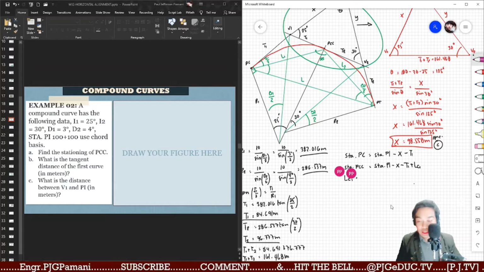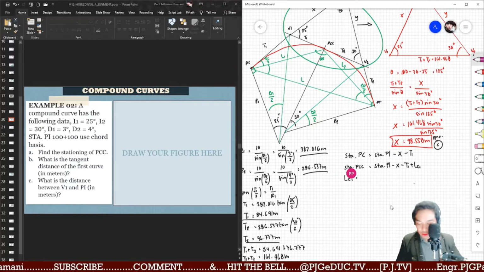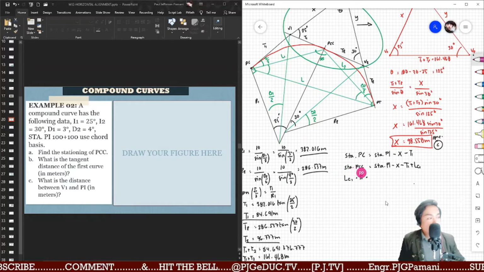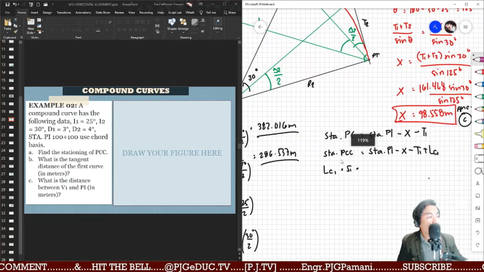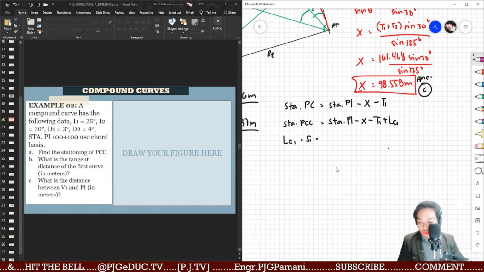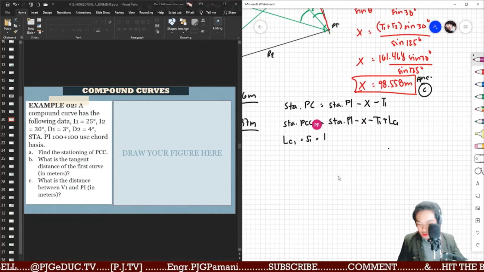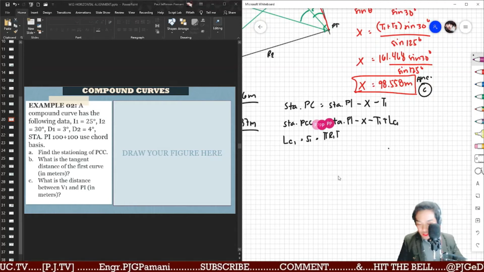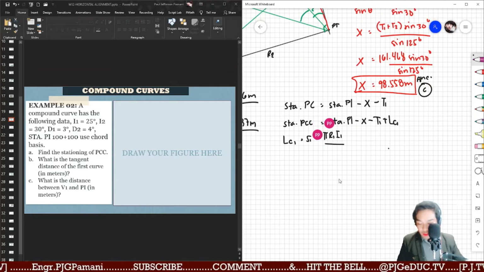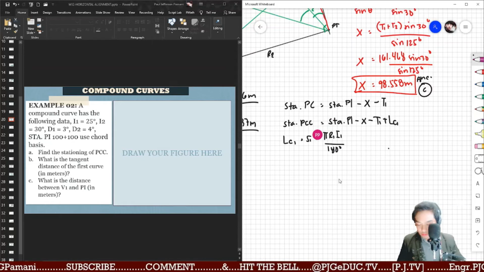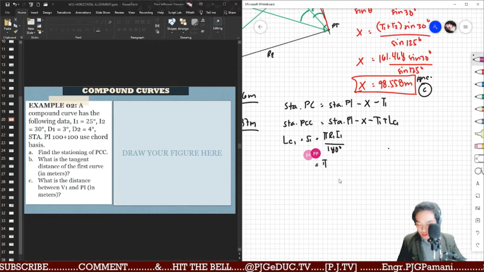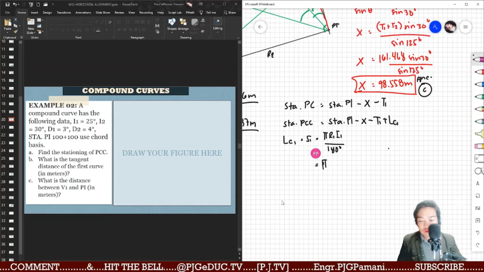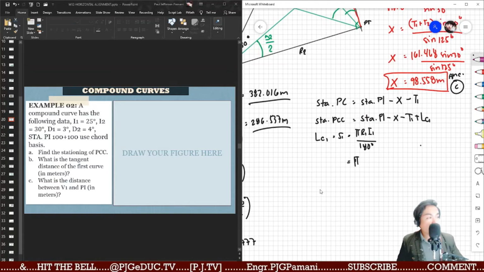That is LC1 or S1 in some variables, equal now to pi R1 I1 over 180 degrees. Pi, radius of the first curve, that is 382.